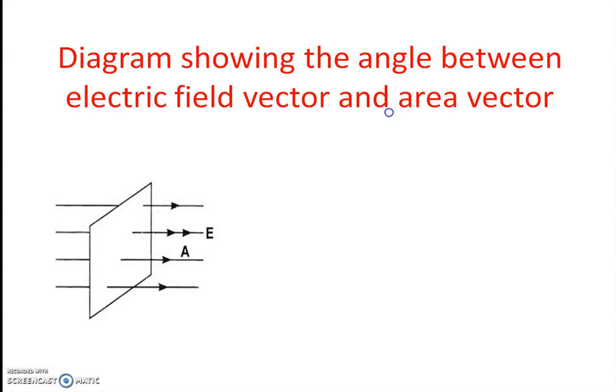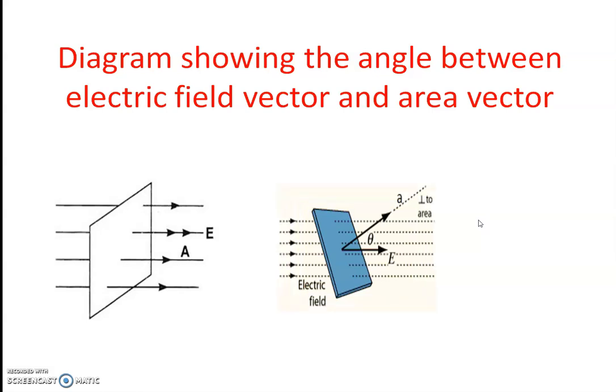Everywhere the area vector is perpendicular to the area, and the direction of electric field and area vector are the same. In other words, this area is perpendicular to the electric field, or the area vector is parallel to the electric field. In this case, all the field lines coming through the surface are passing through, so the maximum number of field lines are passing.